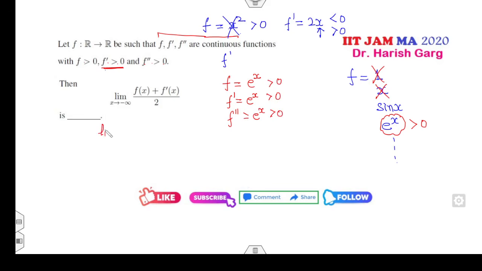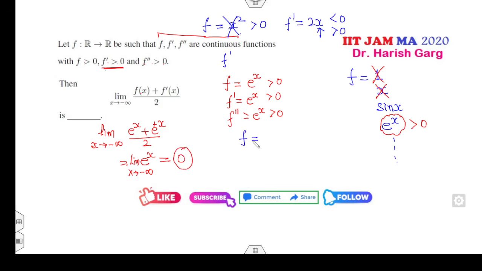So if you substitute the limit as x approaches minus infinity of f of x, that is e raised to power x, which tends to 0. Is there any other value?